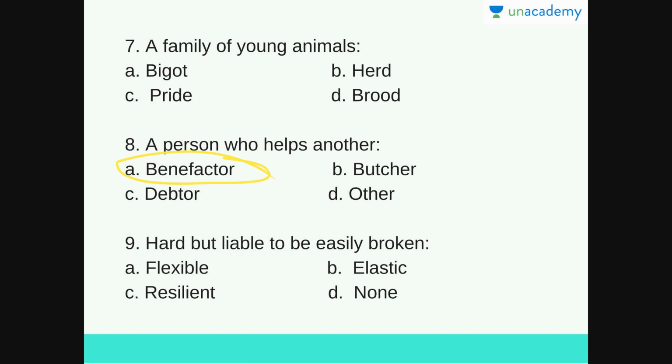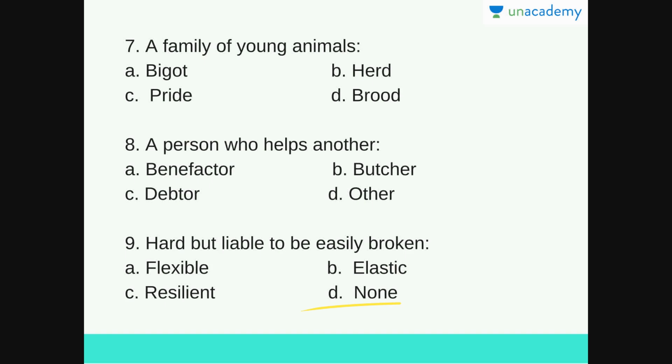Last question: hard but liable to be easily broken. That is something that is hard but can be broken easily. Options are flexible, elastic, resilient, and none. If you've gone through the lessons and are thorough with all the words, then you know the answer is brittle, but brittle is not given here.